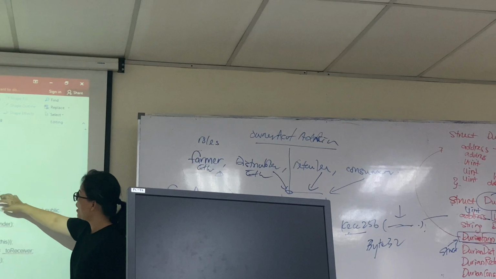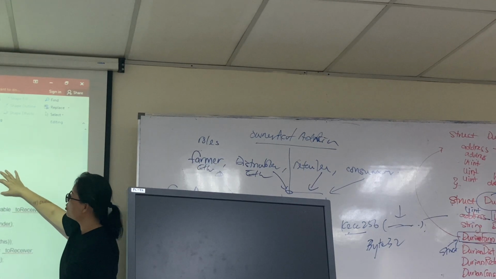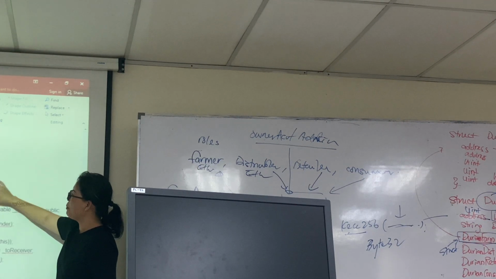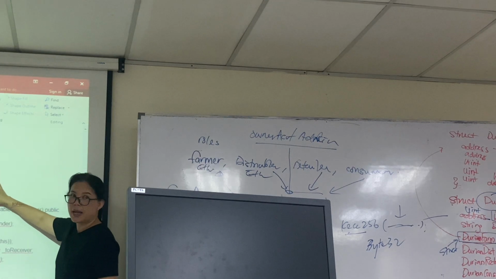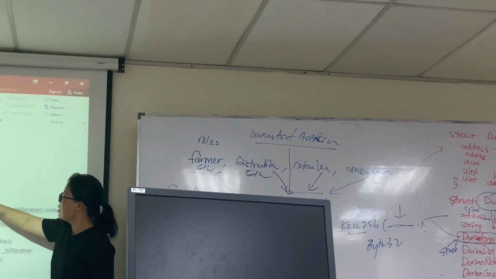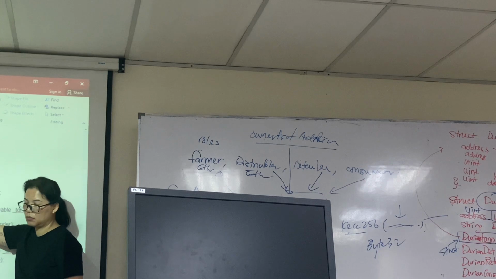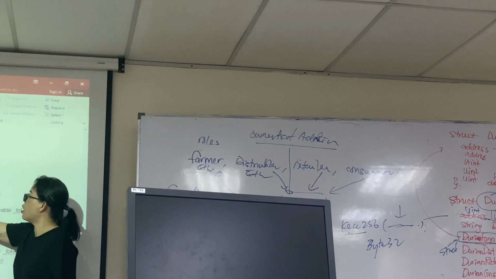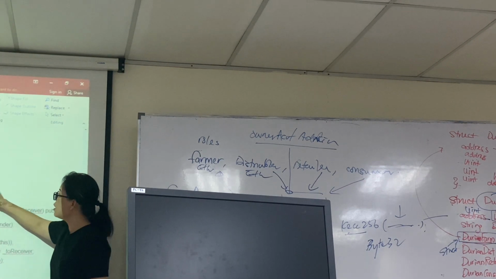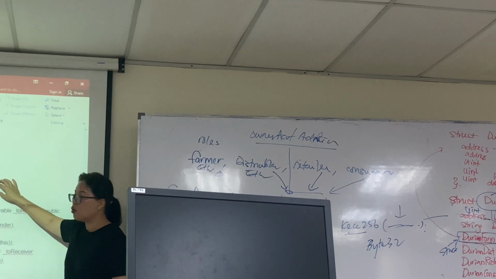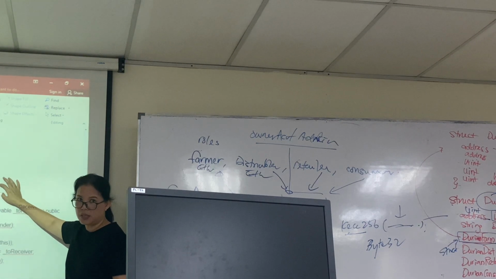You can see I make these two lines into comments. I make them comments because I don't want to keep track of these two persons' addresses as state variables.